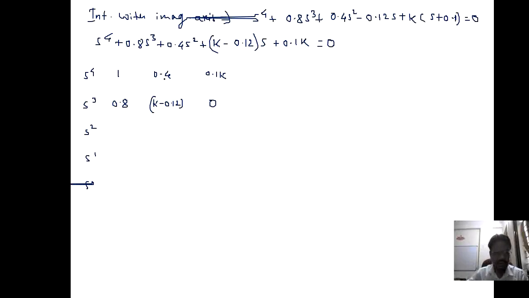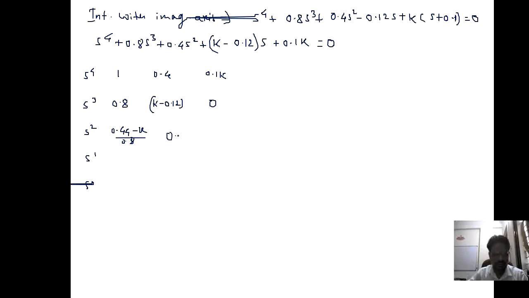So here 0.8 into 0.4 minus 1 into k minus 0.12 divided by 0.8. So we will get here 0.44 minus k divided by 0.8. Okay, and here this term into 0.1k divided by 0, minus 0.4 into 0 divided by the same term.